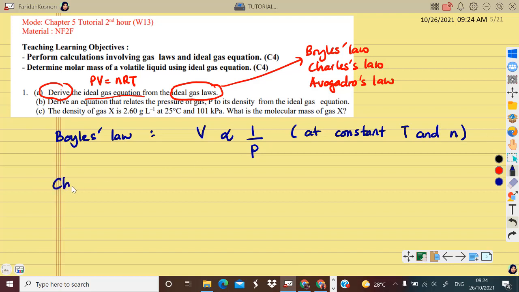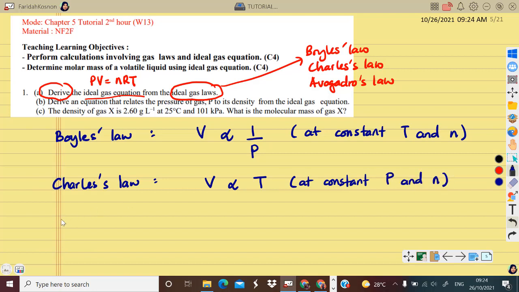Next, we have Charles's Law, where the volume occupied by the fixed amount of gas is directly proportional to its absolute temperature. So, tulis kat sini, at constant pressure and mole of the gas.